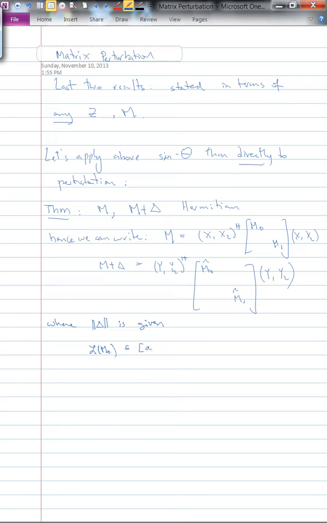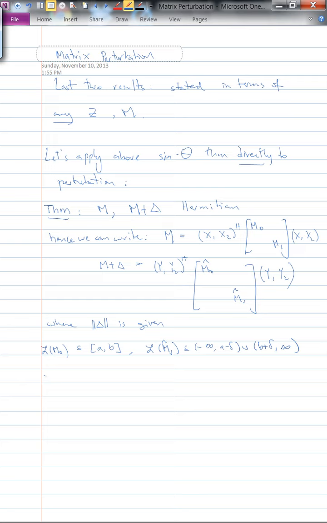This is contained in some interval AB, and also the spectrum of M1 hat is contained in minus infinity to A minus delta union B plus delta to plus infinity.